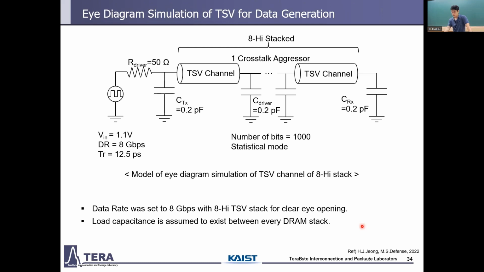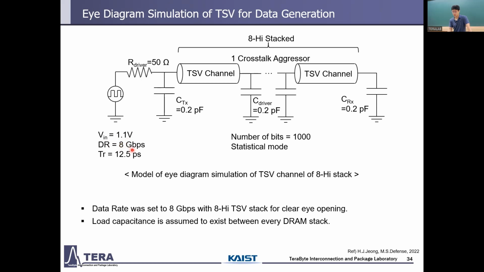To generate the eye diagram, I have to run an eye diagram simulation for the raw data generation. To do this, I use the 8-stacked TSV channel, which refers to 8 HBM stacks, and I follow the HBM2 spec. So I use 1.1 volt as the input voltage.